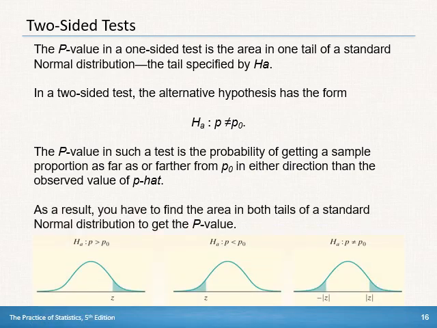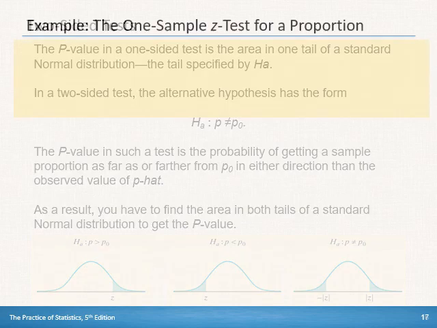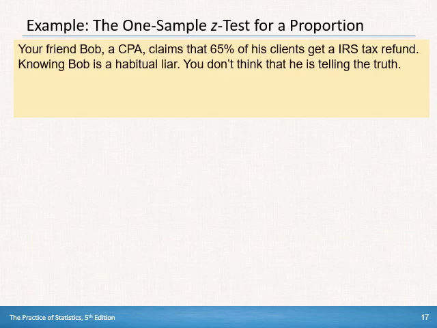So notice that we have to look at the areas for both sides, into both tails. So let's first do an example by hand, and then we'll do it in your calculator as well.